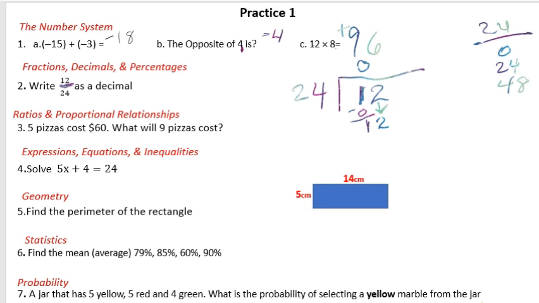Now I'm working with 12. So I need to ask myself, is there a multiple of 24 that is 12 or close to 12, but less than it? The closest one that's not bigger than 12 is 0. So I need to put 0 again.